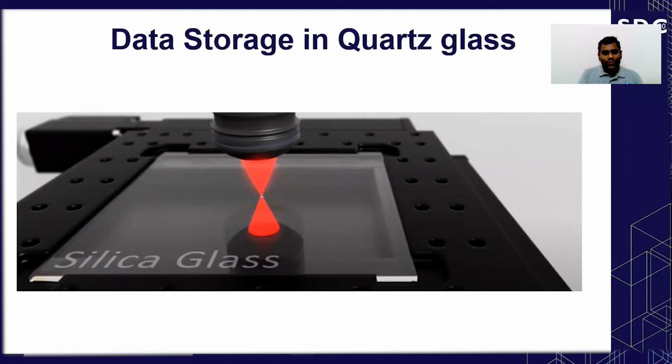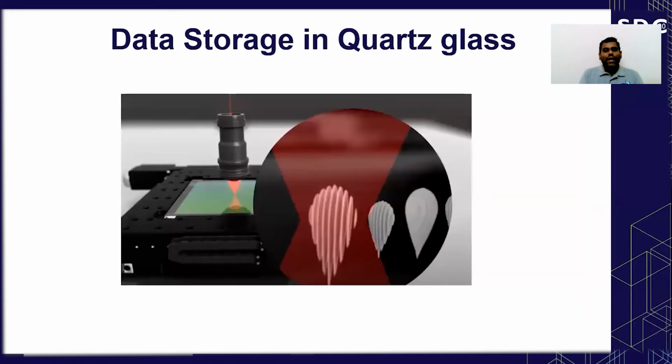Okay. So far, we discussed how we are storing the data by using femtosecond lasers. Now, I am going to show the pictorial representation of what we discussed so far. If you see here, we are placing the quartz glass and passing the femtosecond lasers to the glass.